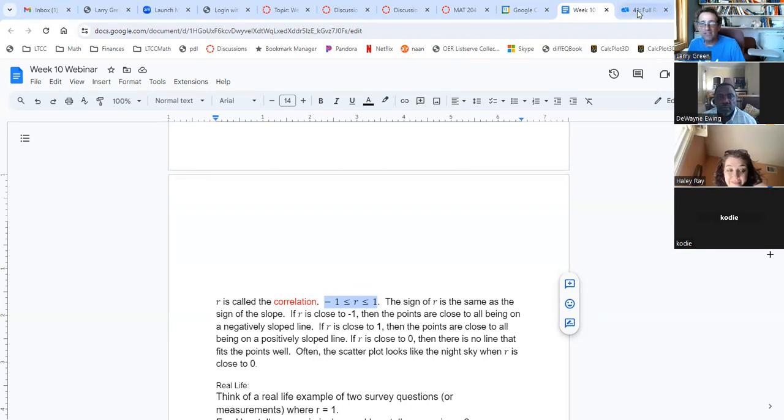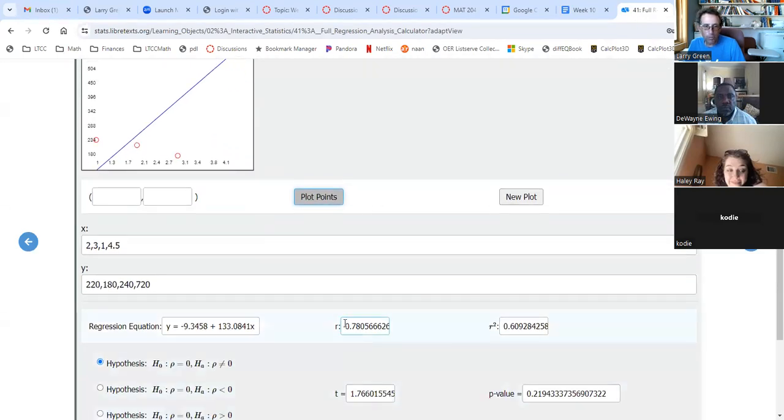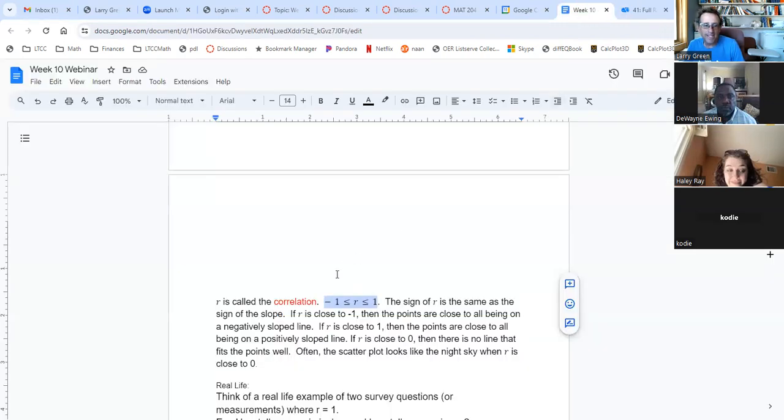Okay. So the R we got, by the way, was about 0.78, which is actually pretty high. It was a correlation. Not perfect, but it's closer to 1 than it is to 0. So then let's see, can you think of a real life example of 2 survey questions or measurements where R is 1?